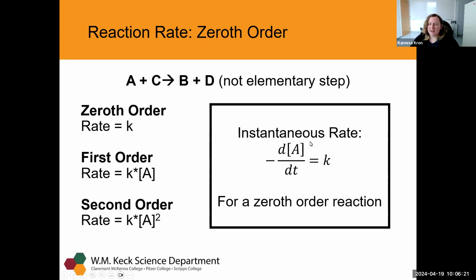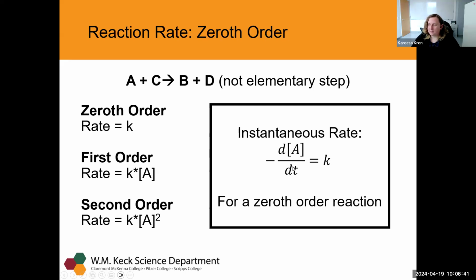And so what this says is that A will be used up over time, depending on how the rate changes. And for this specific reaction, we're assuming that we're using 1 mole of A in the particular system. It could be different in a different reaction set, but this is what's true in this particular problem.